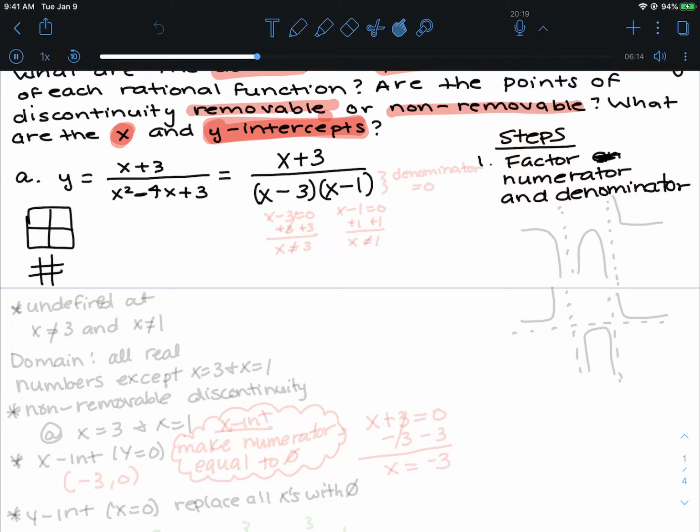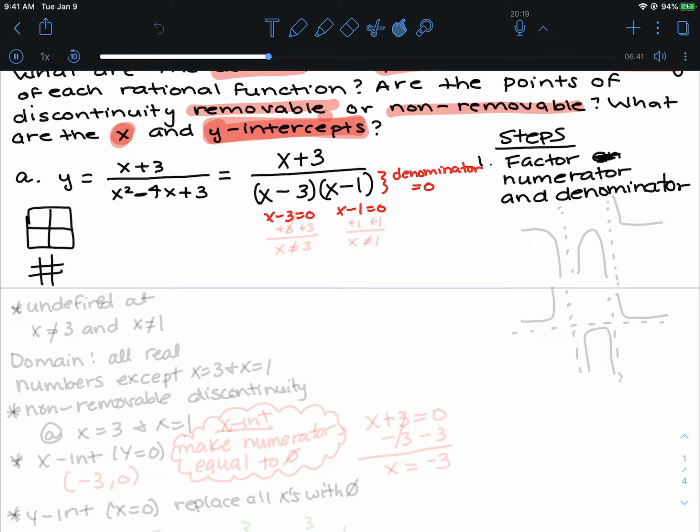Now, remember, guys, if you want to know when something is undefined, you take the denominator and set it equal to 0. Doing that will tell me what values are going to make this function undefined. So I get the x minus 3, set it equal to 0, and then the x minus 1 and set it equal to 0.